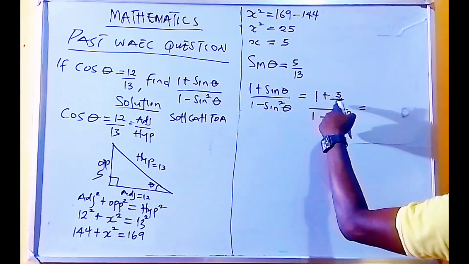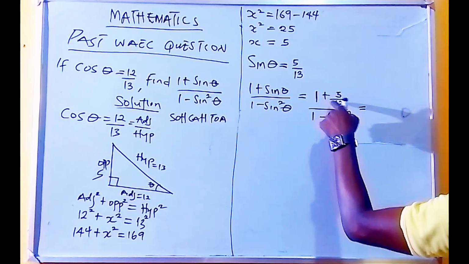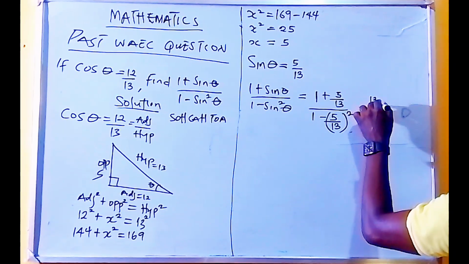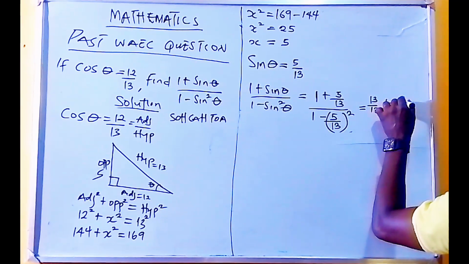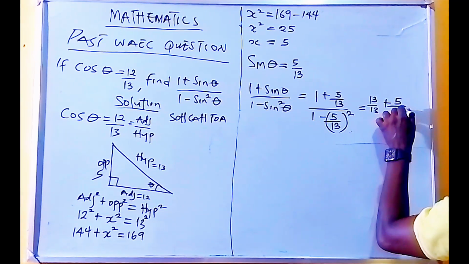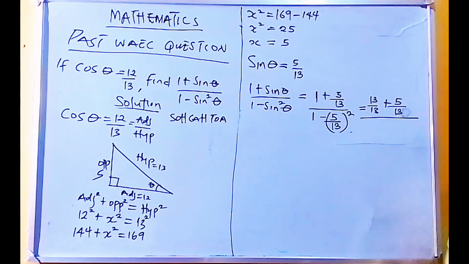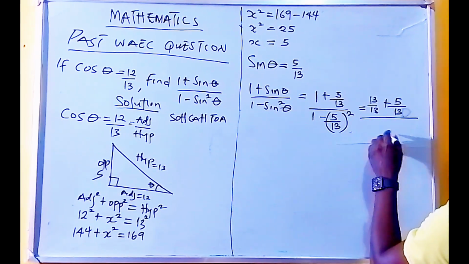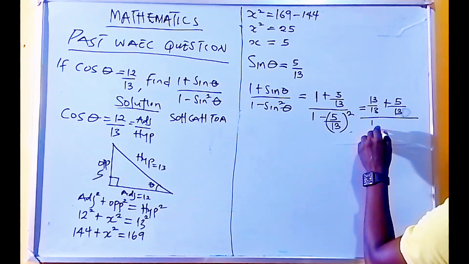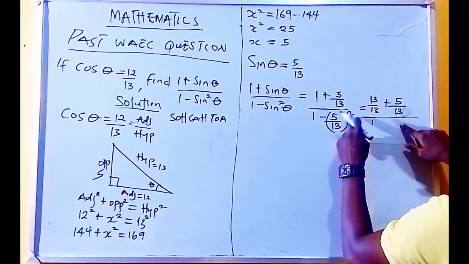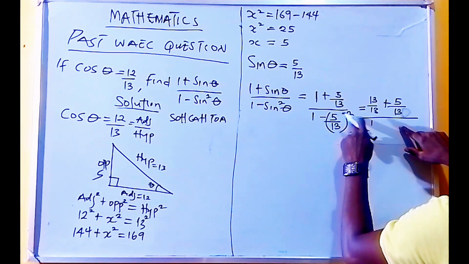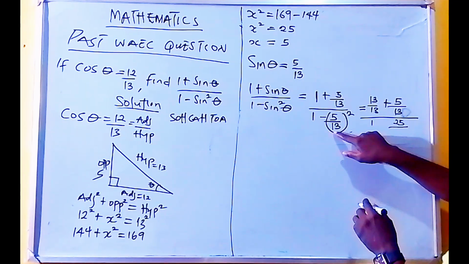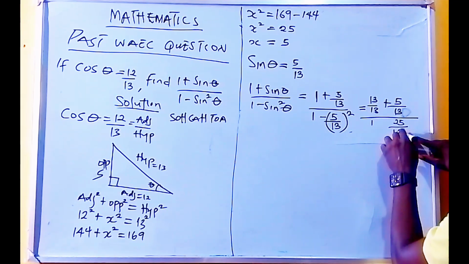So this now, 1 plus 5 over 13, can be written as 13 over 13 plus 5 over 13, all over 1 minus... Now if I expand this, 5 square will be 25 over 13 square, which is 169.